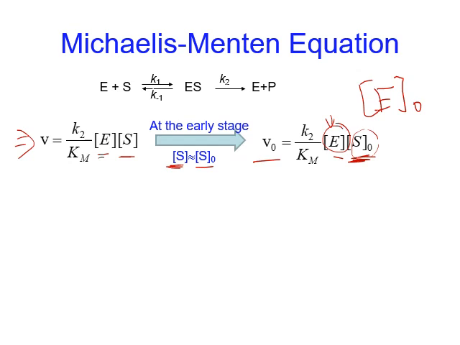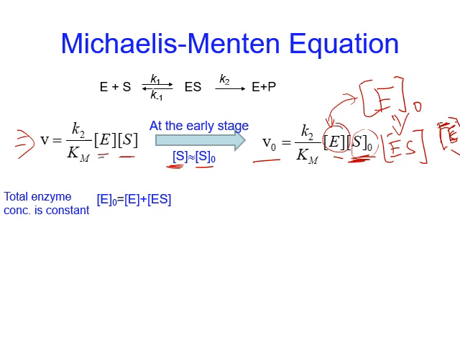Now, how is this related to this one? First, at any instant, some enzyme you added forms the enzyme substrate complex, and some enzyme is still unreacted, which is the free enzyme. But they add together.